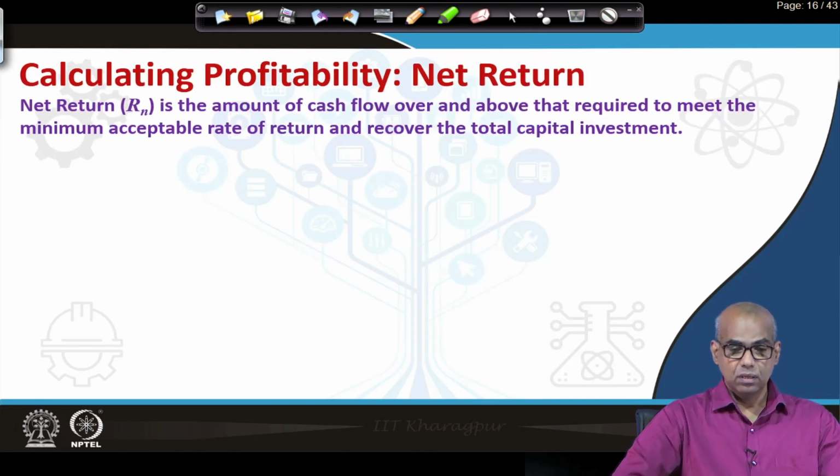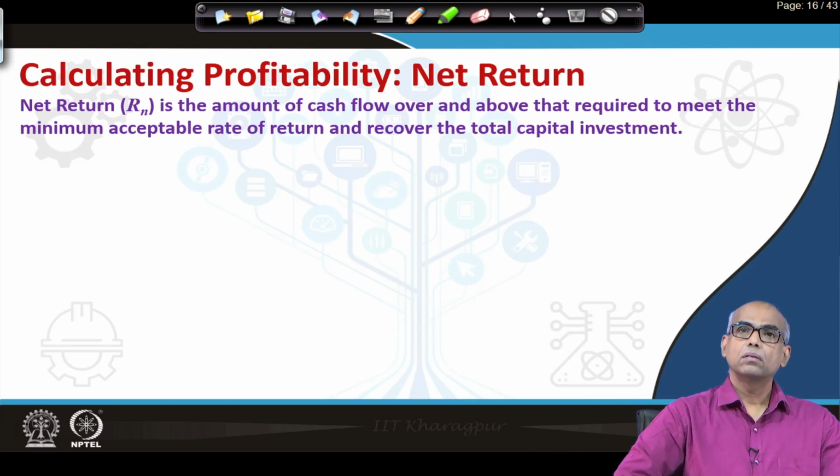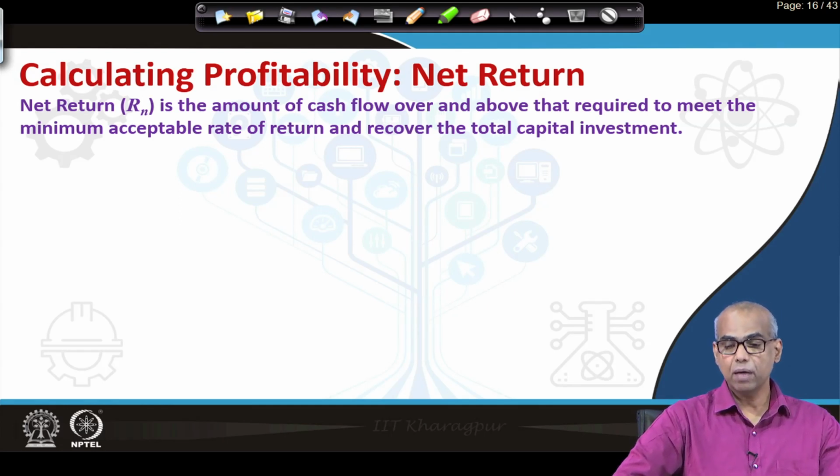Next, we learn another method for calculating profitability. It is called net return. Net return is the amount of cash flow over and above that required to meet the minimum acceptable rate of return and recover the total capital investment.